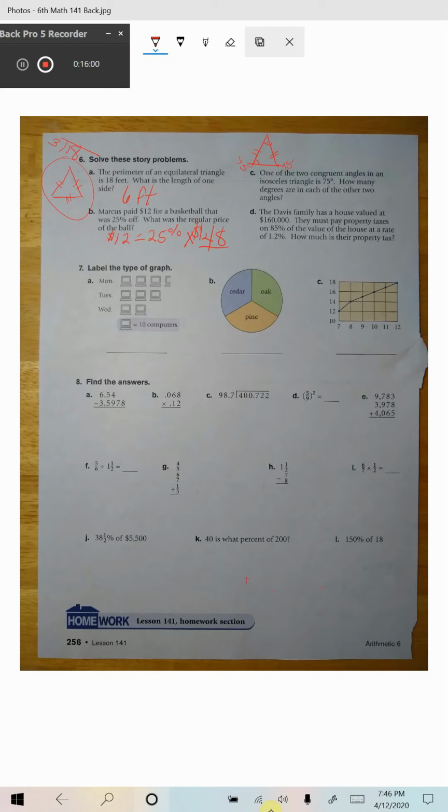Well, do you remember the total degrees of a triangle? 180. Because it said one of the two congruent angles, that means the other one has to be the same. Two 75s is 150. If I subtract 150 out of 180, how many degrees do I have left? You get 30. Yep.